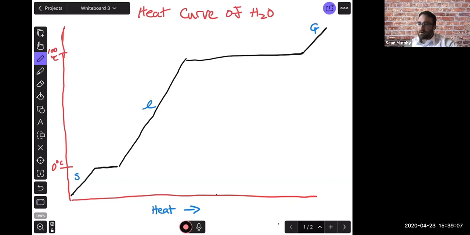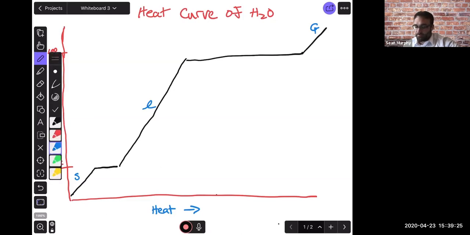So what else can we write on here? Let's talk about specific heat capacity, because that's what we've been discussing this unit. The specific heat capacity is going to be different depending on whether you have a solid, liquid, or gas.